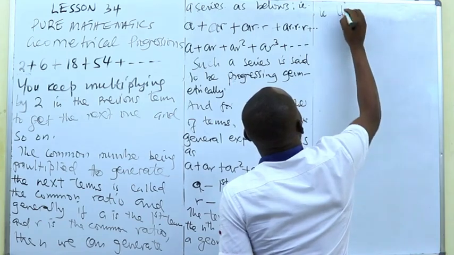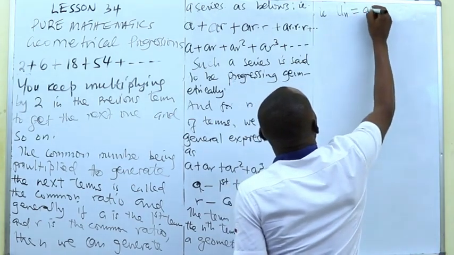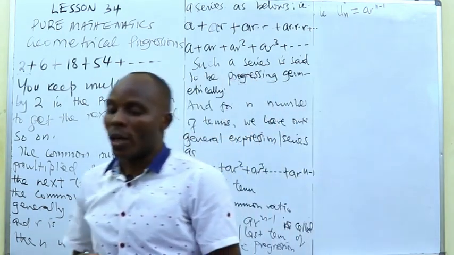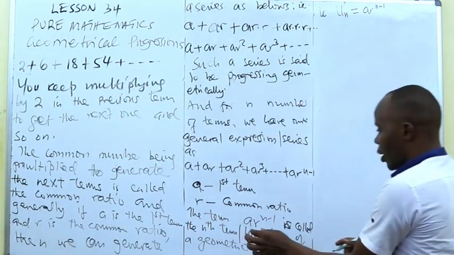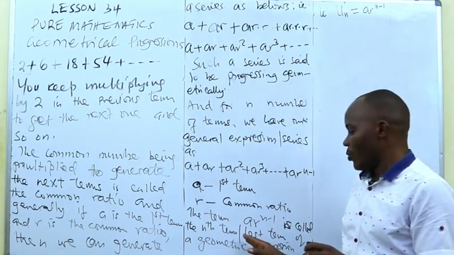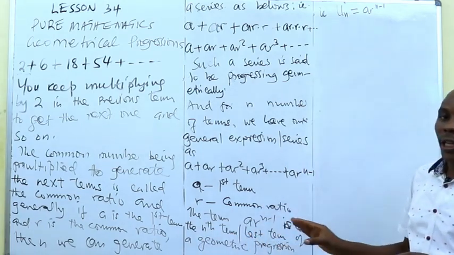That is, Un is equal to AR to the power n minus 1.